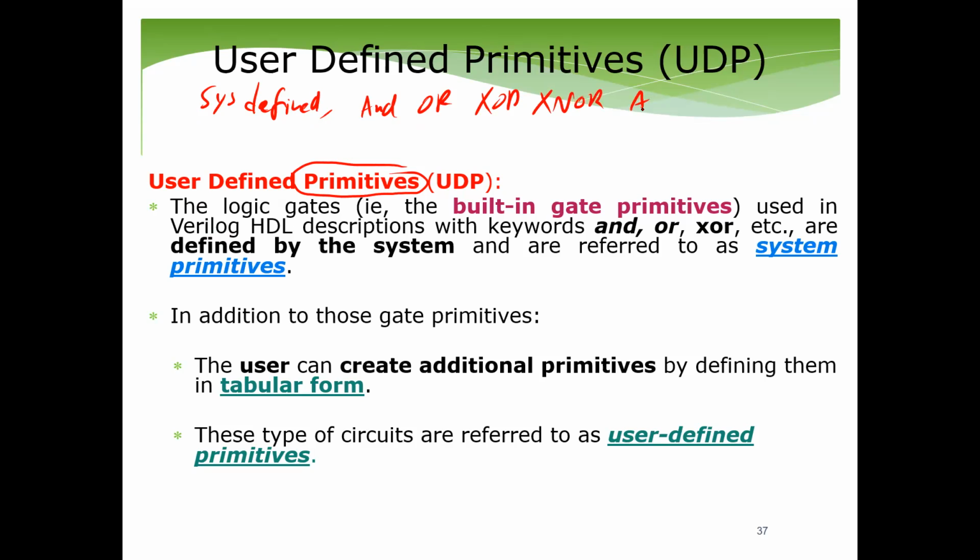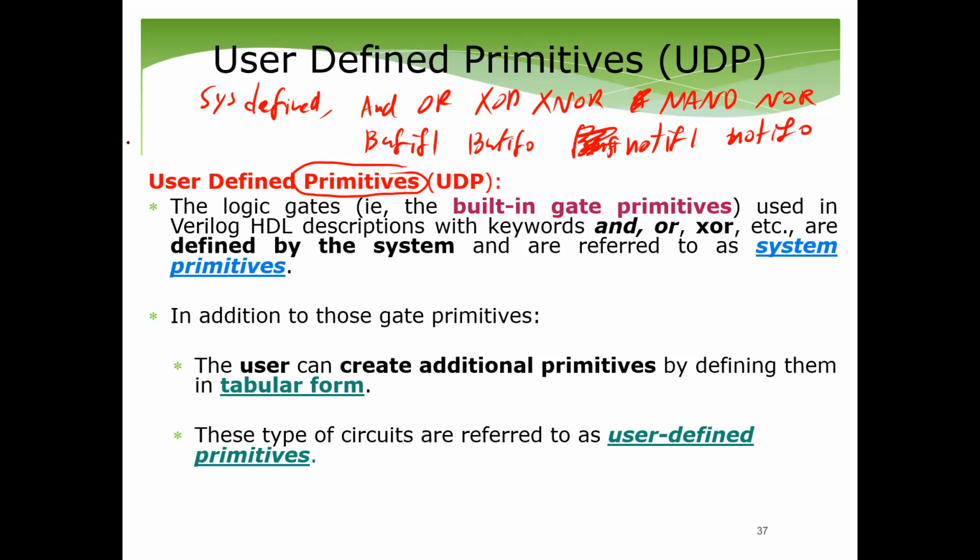We had the NAND and NOR. We also had buffer F1, buffer F0, not F1 and not F0. تمام. هذه system defined primitives that we saw before.